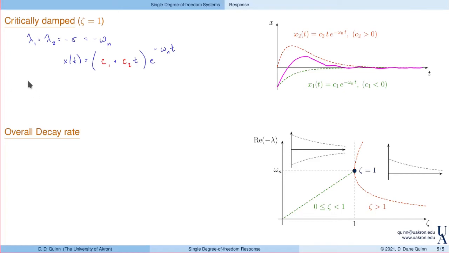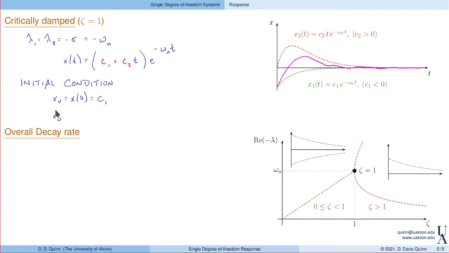I can match initial conditions, just like I did with the underdamped case. Well, x naught is x0, which in fact just reduces to c1.